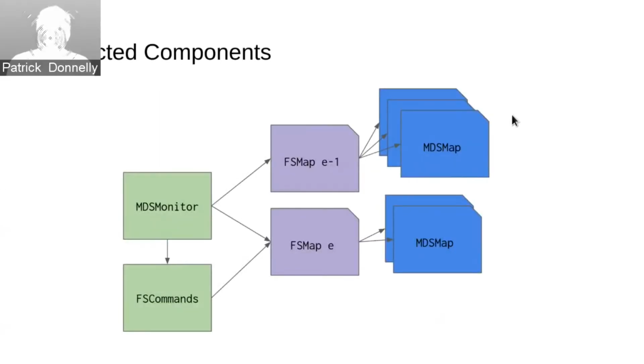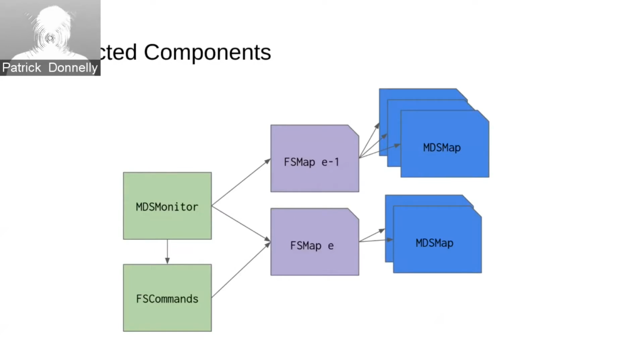So within the monitor, there are these components primarily. The MDS monitor refers to two given FS maps, and each FS map refers to one or more MDS maps. Well, actually, it could be zero or more if there's no file systems.